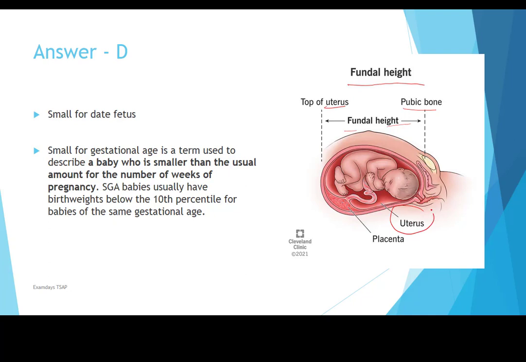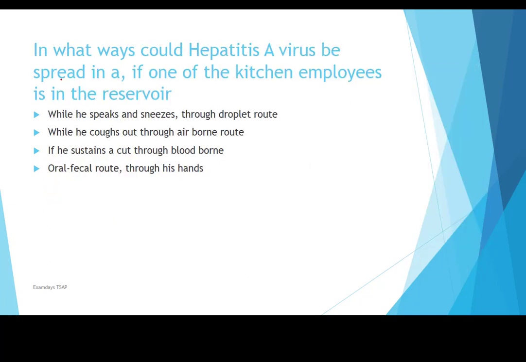Here is the uterus and this is the placenta, as you can clearly see in the image. It states that small for gestational age is a term used to describe a baby who is smaller than the usual for the number of weeks of pregnancy. SGA babies usually have a birth weight below the 10th percentile for babies of the same gestational age. Moving on to the next question.